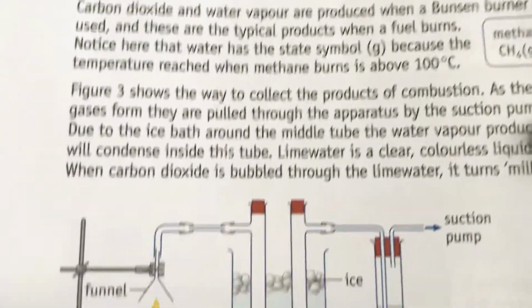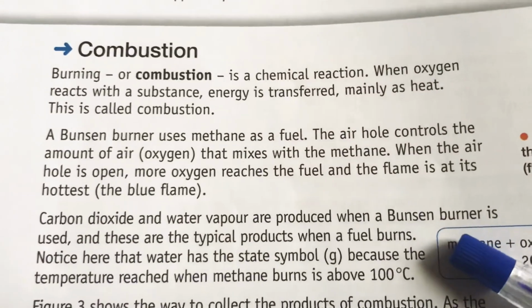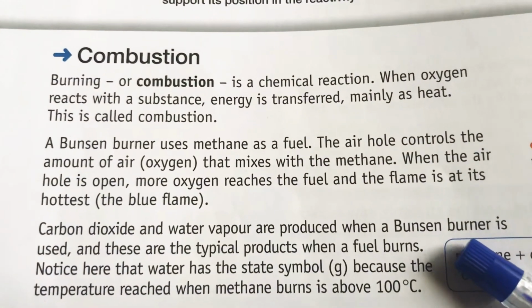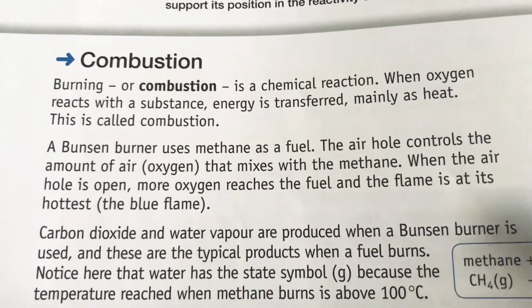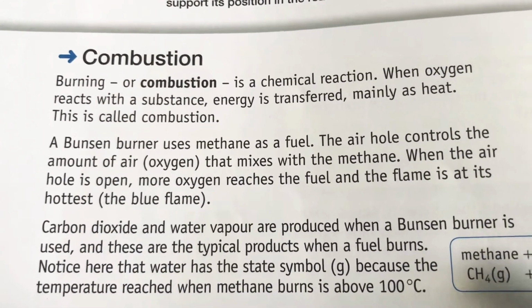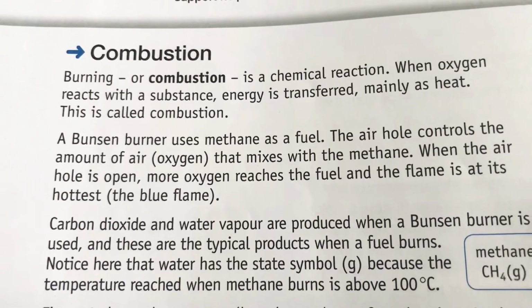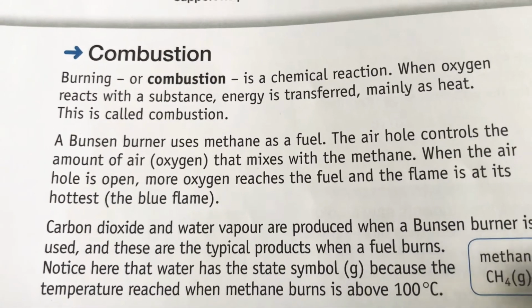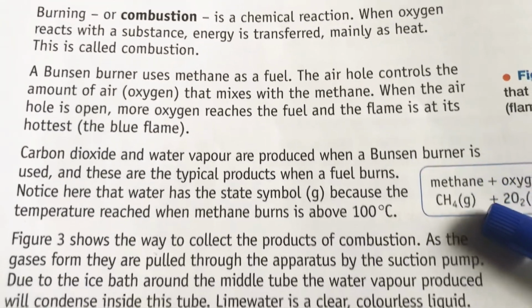A brilliant, very everyday example of this is a Bunsen burner. A Bunsen burner will use methane as the fuel. The methane in that fuel will react with oxygen in the air. One of the activities that I've given to you in an earlier task, task 2, what is combustion, actually takes you through that chemistry.